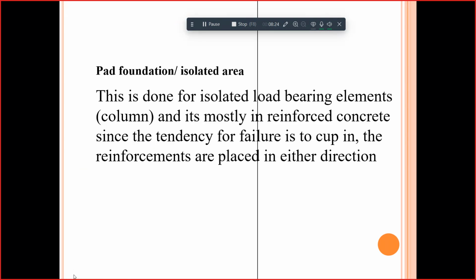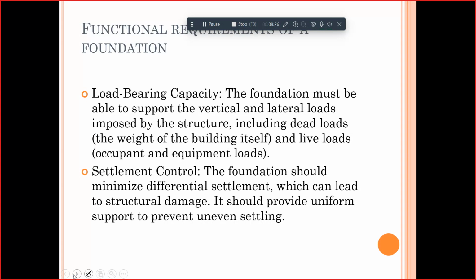So when we look at the functional requirements of a foundation, these are requirements that a foundation must hold or bear in various situations. For example, load bearing capacity. The foundation must be able to support the vertical and lateral loads imposed by the structure. Are you getting it? Yes, sir.